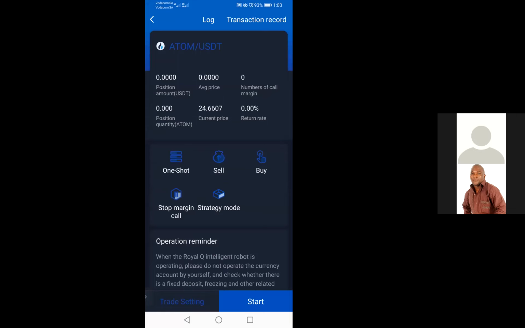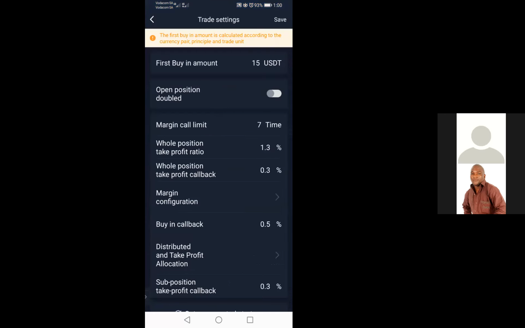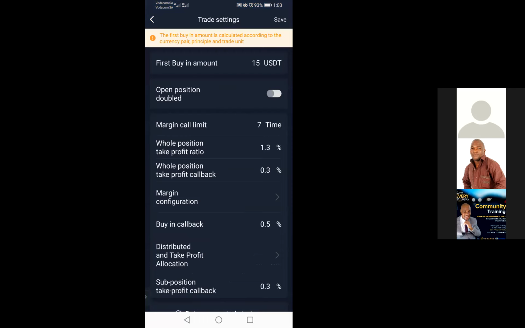We are happy with the settings. So now let's click on trade settings. And then the first buying amount is good. And then the number of margin calls, the margin call limit, make it 25.